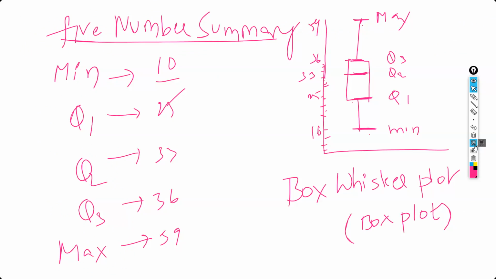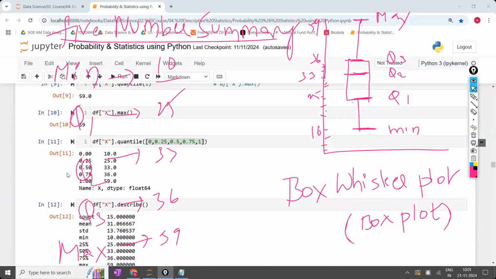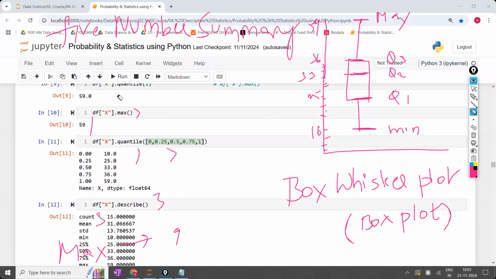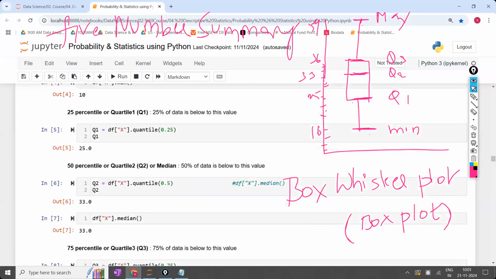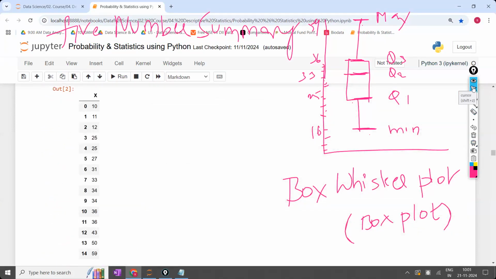Now, is there any value greater than 52.5 in the given data set? First, let me show you the data set. Yes, one value is available. What value? 59. This value is considered an outlier.